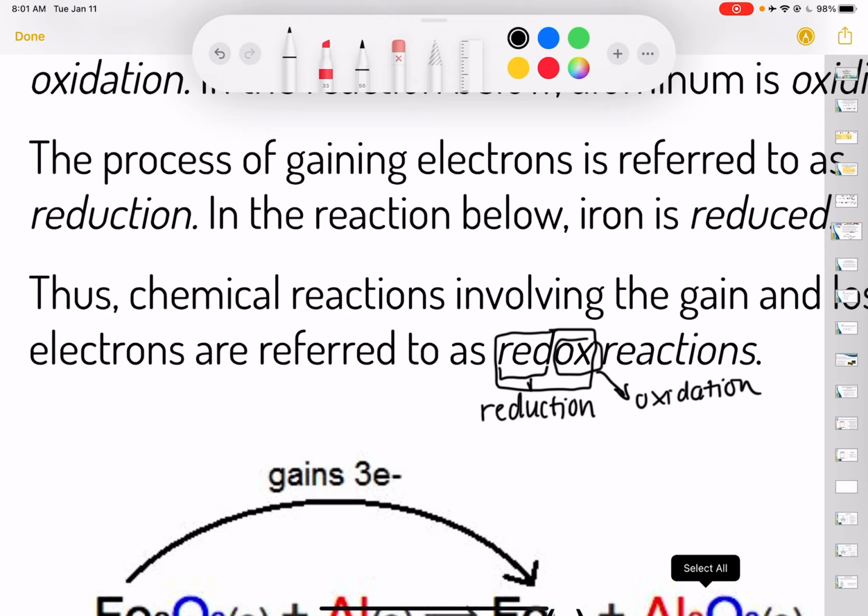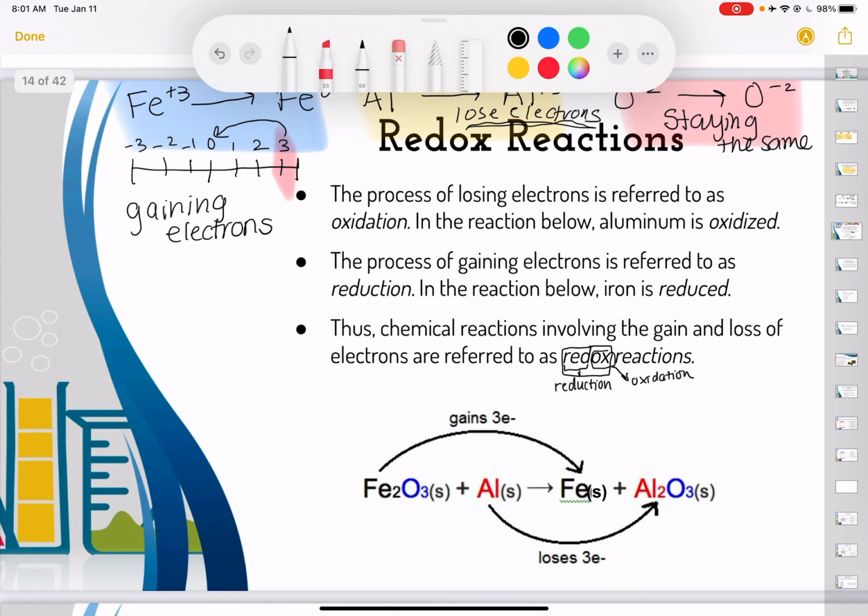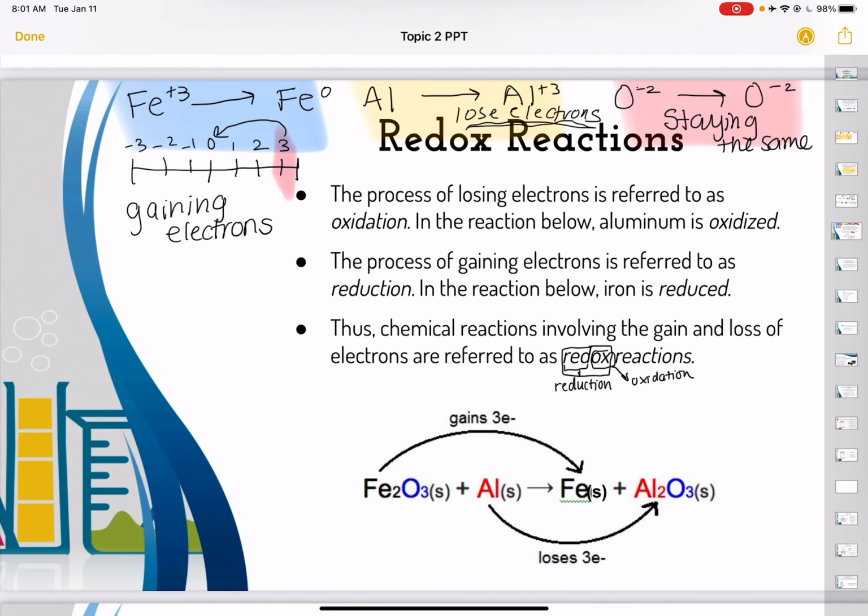Okay, so that redox reaction is literally just, we've got something that's being reduced and oxidized in it. And it's showing you in a more simple way right here. The iron gains 3 electrons from one side to the other, and aluminum loses 3. Okay.